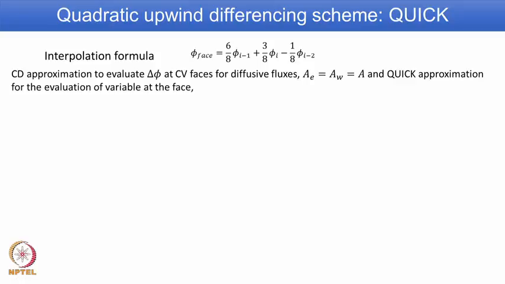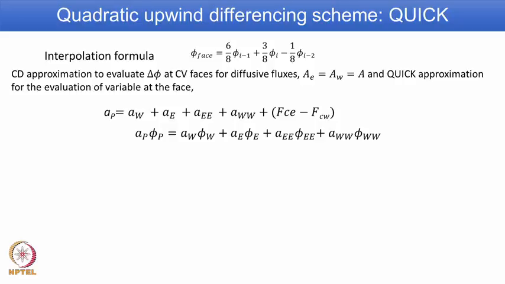The CD approximation to evaluate delta phi at the CV faces is used for the diffusive flux, because in this problem we have a convection term as well as a diffusion term, and for the diffusion term we mentioned we will use only a central difference type approximation, and we already did that in detail. Now again for this problem the area is the same, so AE is equal to AW. Now we are using the QUICK scheme approximation for the evaluation of the variable at the face. After doing that operation and putting both in the final discretized form, you will get the regular form of the final discretized equation as shown here.